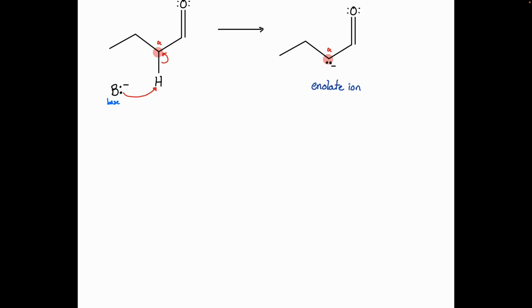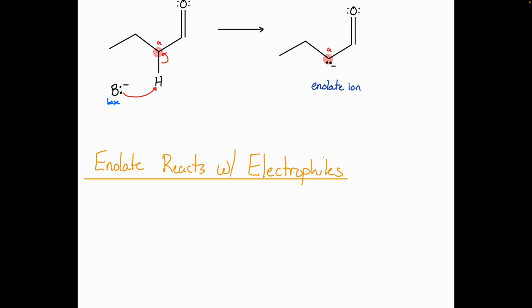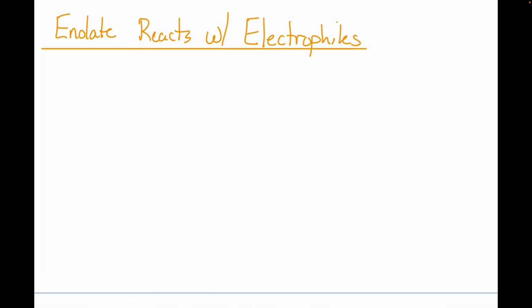So if our enolate ion is our nucleophile, our enolate will react with electrophiles. And there's two electrophiles that we're going to see in this chapter here, ones that we've seen before. All right, alkyl halides.